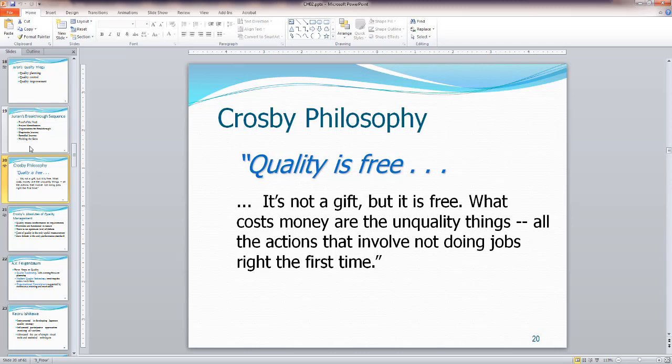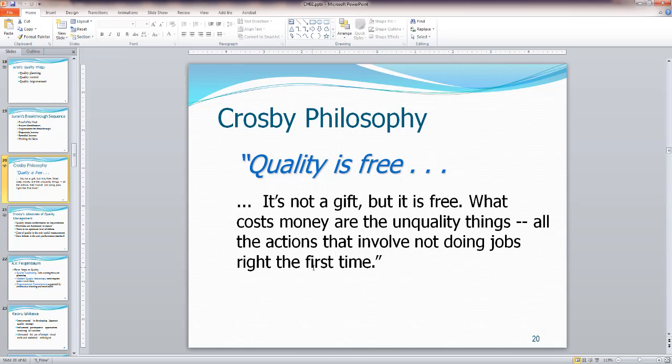But his philosophy that quality is free is that the actions involved are doing things right the first time. If you set it up to where you do things right the first time, every time, the quality initiatives that created that process and those steps to build quality into the process eventually even out and usually are not cost impactive.